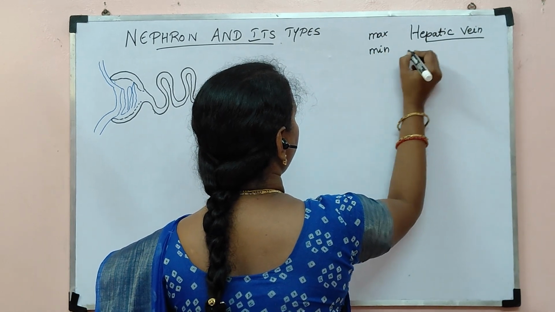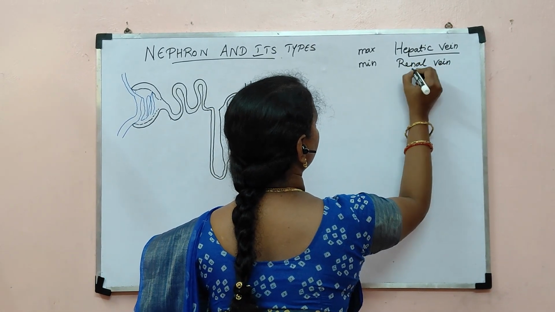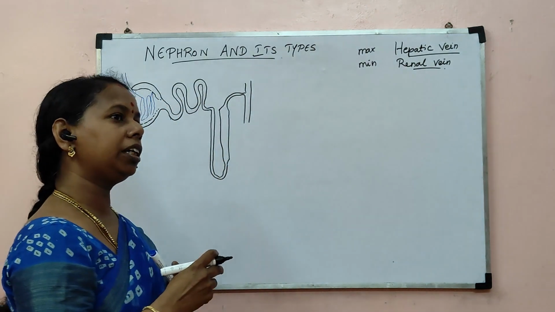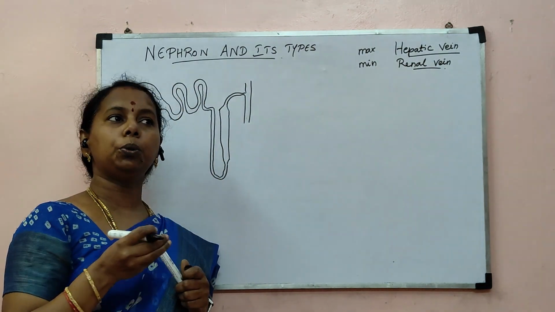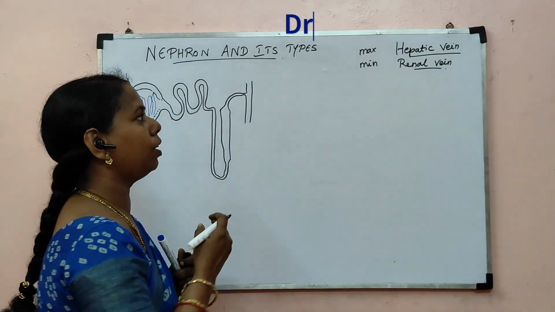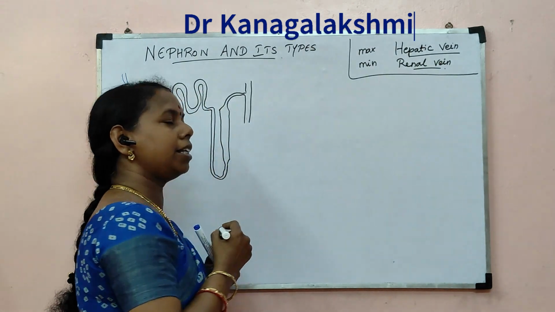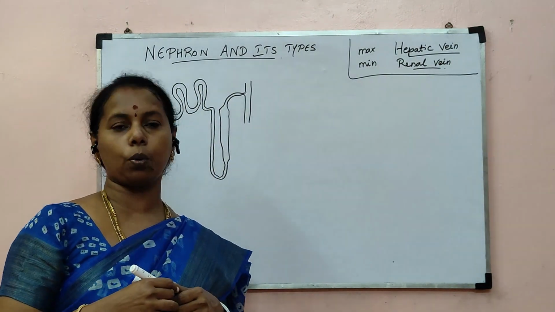Minimum urea we find in the renal vein, as urea is filtered and mixed with the urine, and the remaining blood alone will be in the renal vein. So, maximum and minimum is the answer for the previous video question.